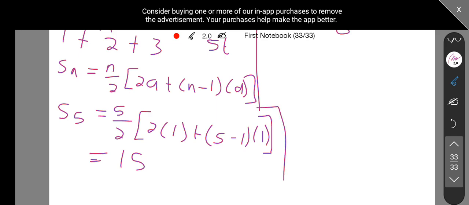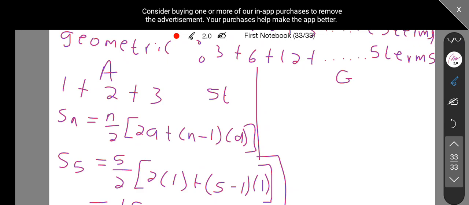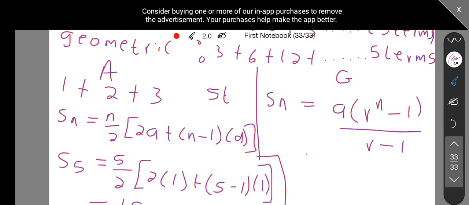Then now we're going to do the sum of the geometric this side. The formula for the sum of a geometric series is that Sn is equal to a multiplied by r to the power of n minus 1 over r minus 1. So we're going to calculate the sum to 5 terms again. What is a?